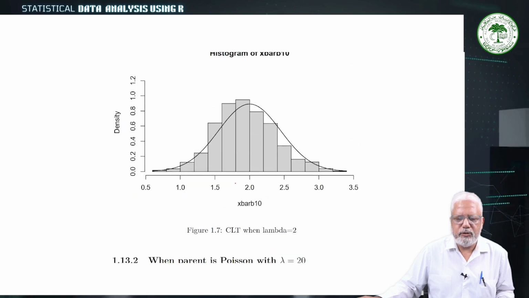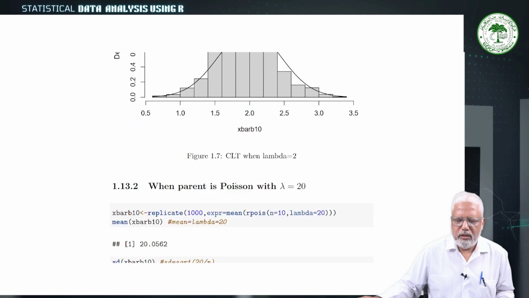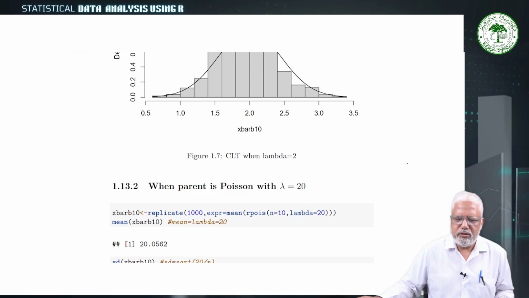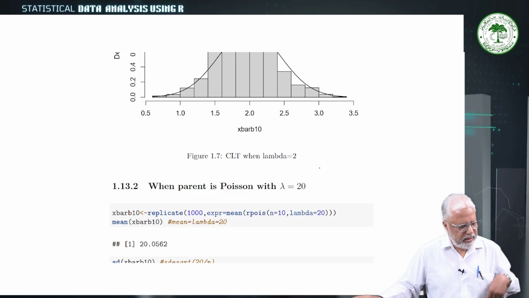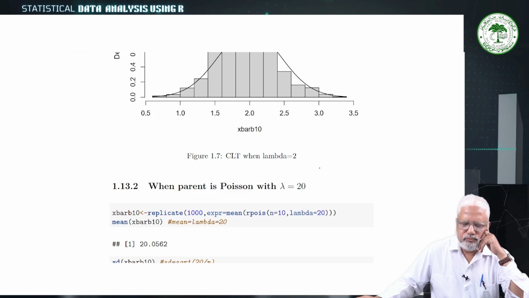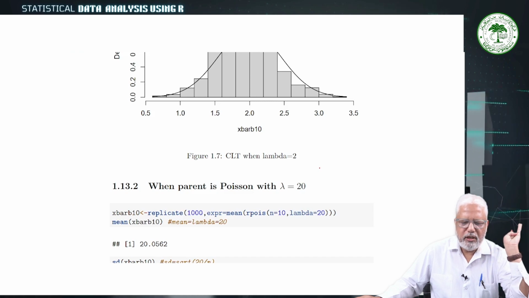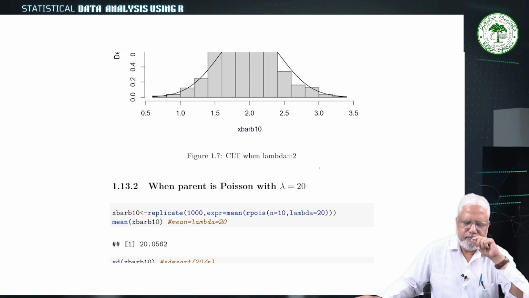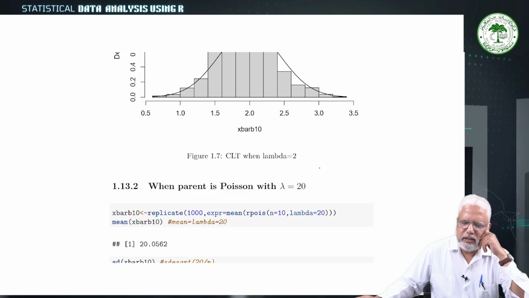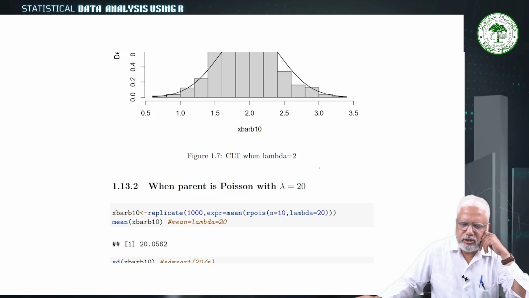When the parent is Poisson with lambda equal to 20, see what happens, because there is a theory I am quoting from the book of Alan Agresti, Categorical Data Analysis, in which Agresti discusses the Poisson approximation to normal, and he says that if your parameter lambda is greater than 6 or 7, the distribution can be approximated well by a normal distribution.